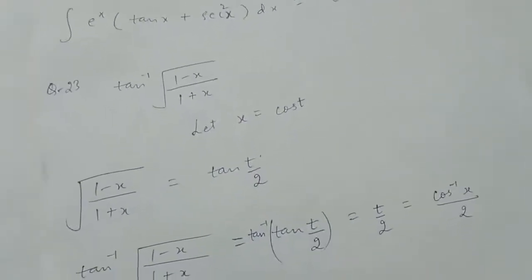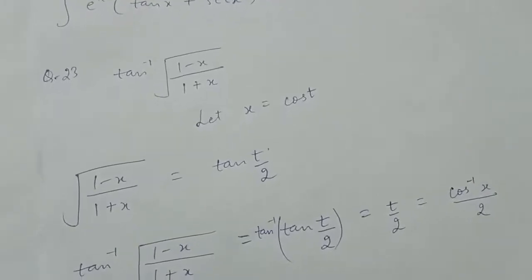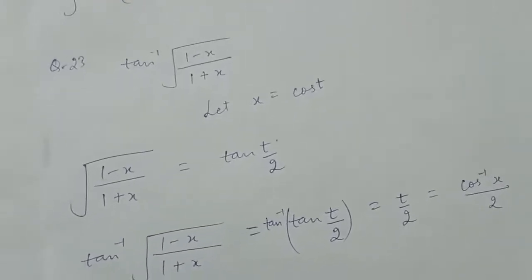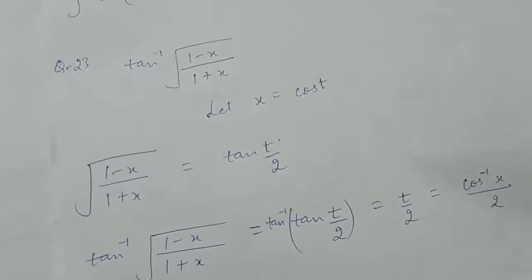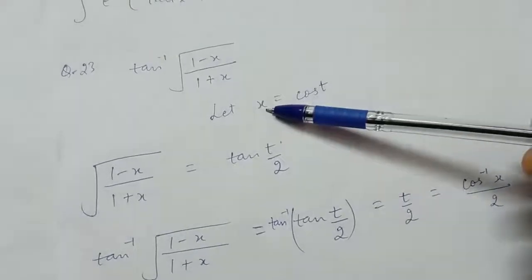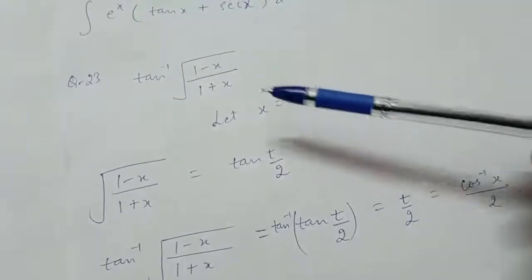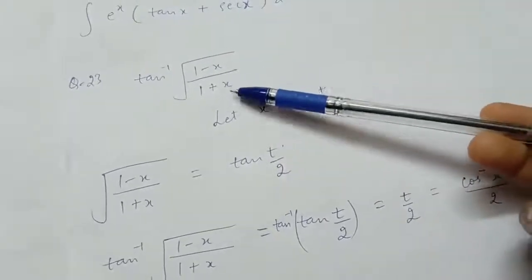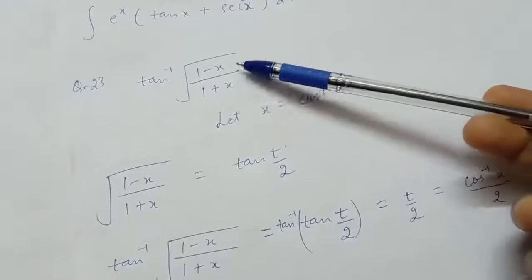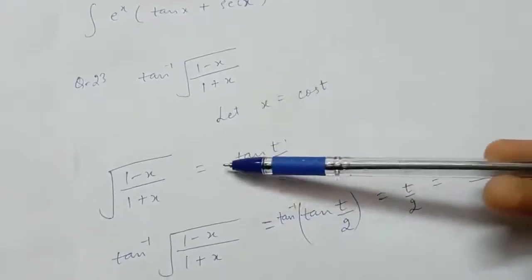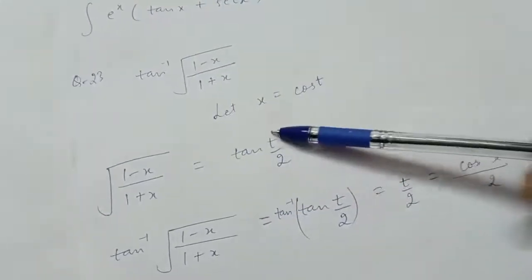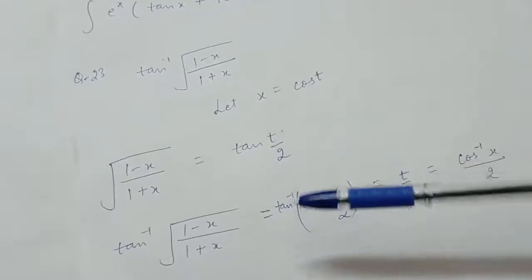Now question number 23 is tan inverse root 1 minus x upon 1 plus x. I have already told you that in such cases let x as cos t. Now you will get 1 minus cos t upon 1 plus cos t. We know the value of both of these. So after solving you will get it as tan t by 2.